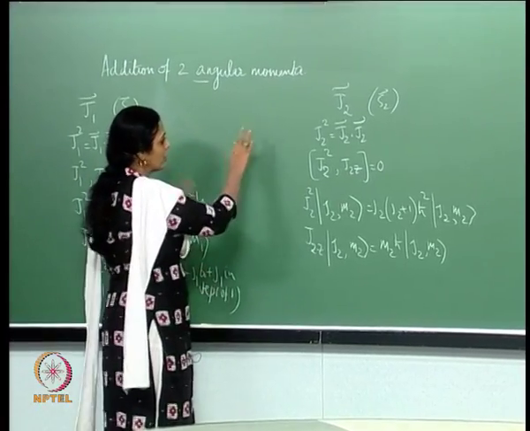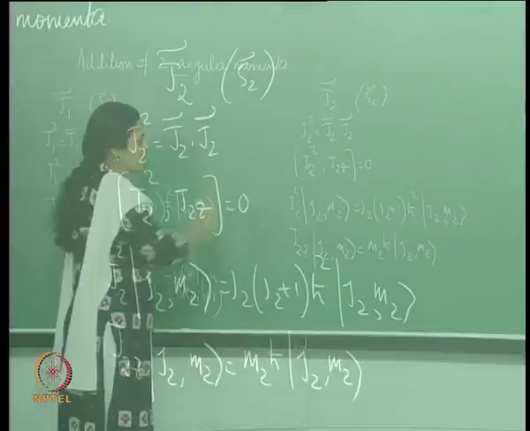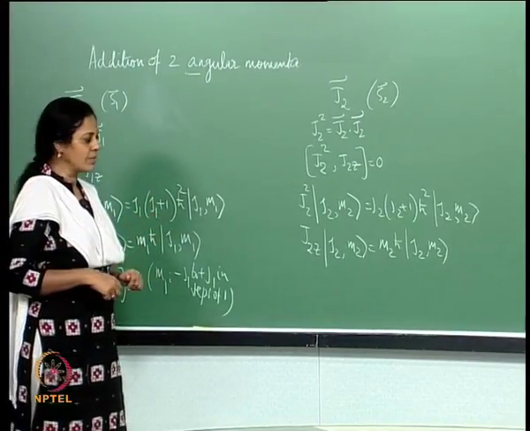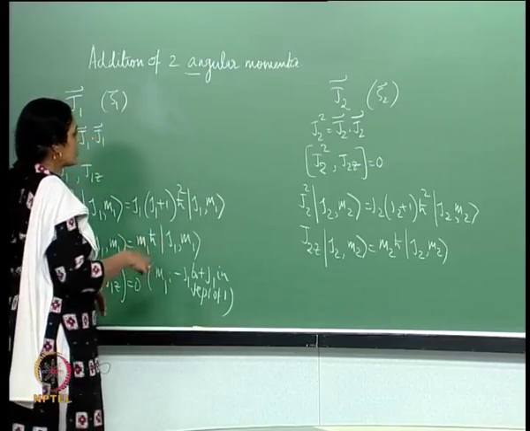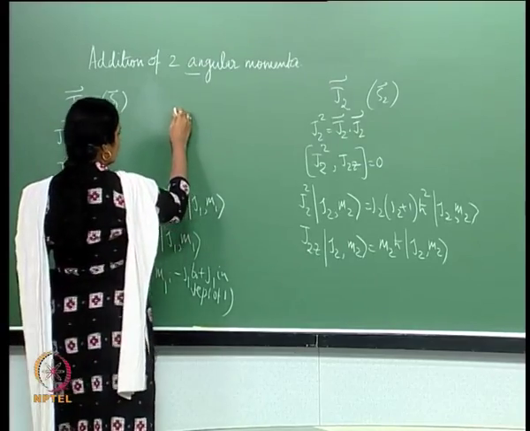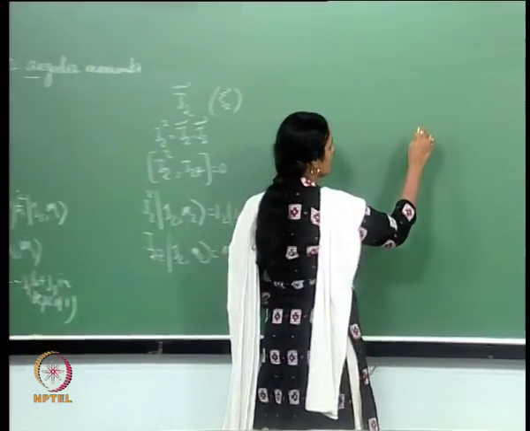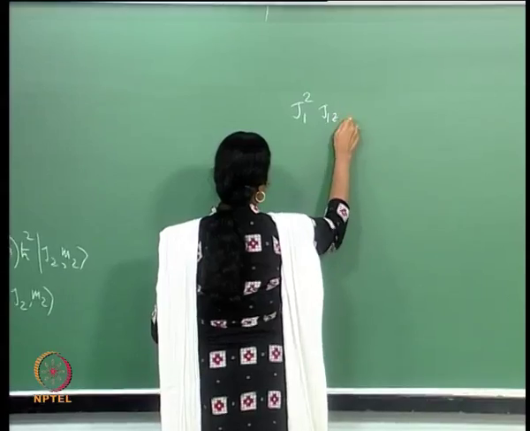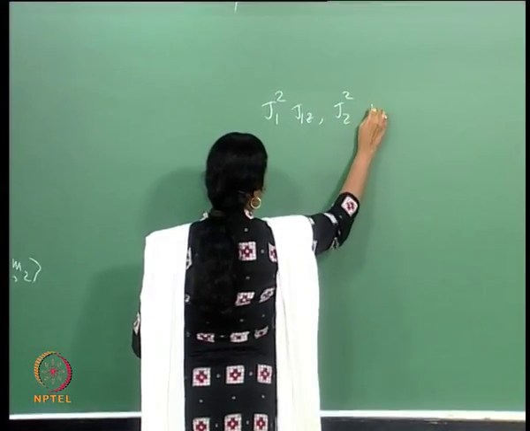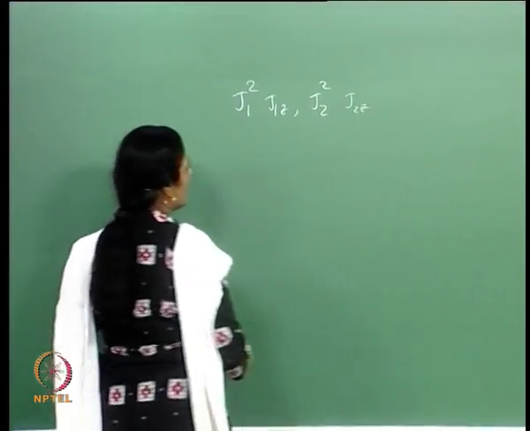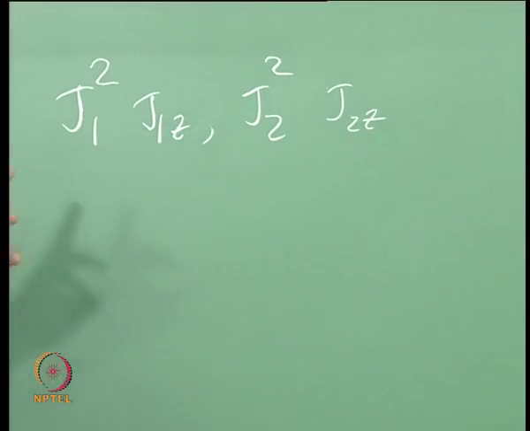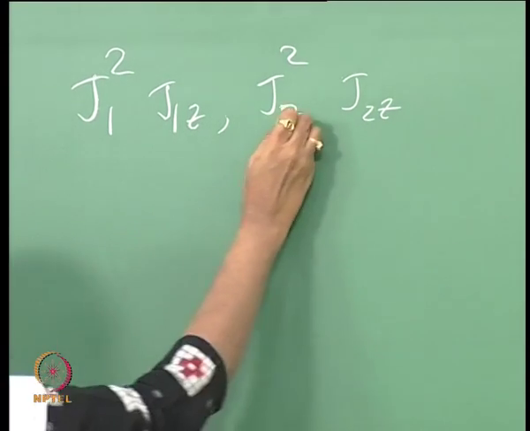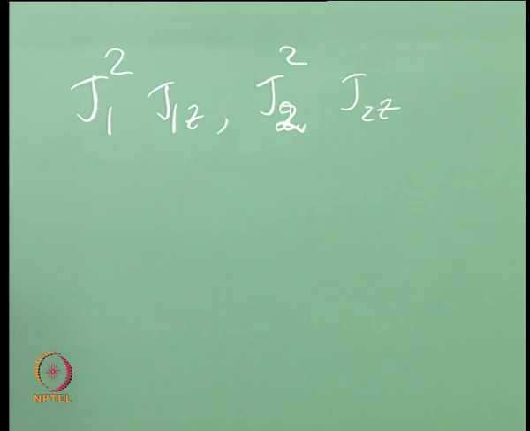Now, if I were talking about these two systems 1 and 2 as non-interacting systems, clearly it is obvious that the following operators commute with each other: J1 squared, J1z, J2 squared and J2z commute with each other, because clearly operators corresponding to the first system commute with operators corresponding to the second system.